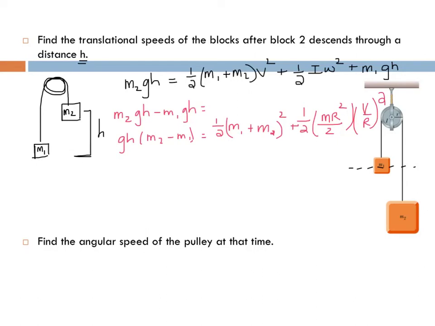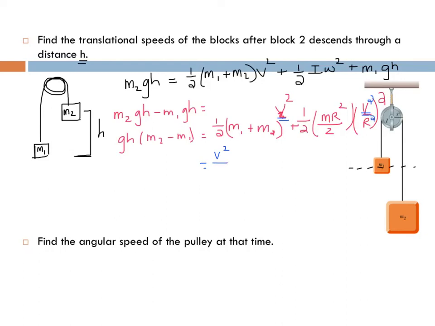So really, this just needs to be cleaned up. This is a velocity squared here. So we can see on the right-hand side of this equation, we're going to have v squared. We can factor out from both pieces this v squared and this v squared when I distribute that squared.